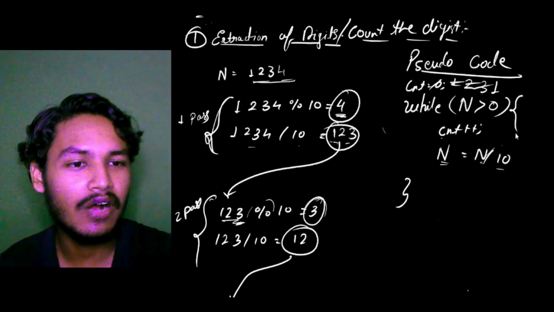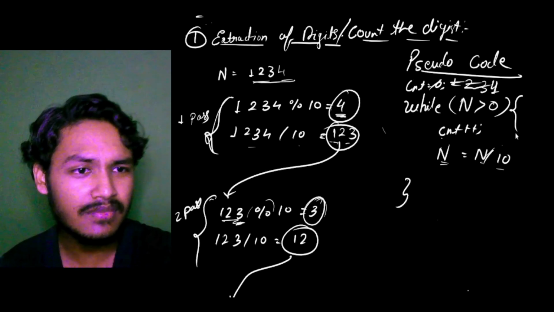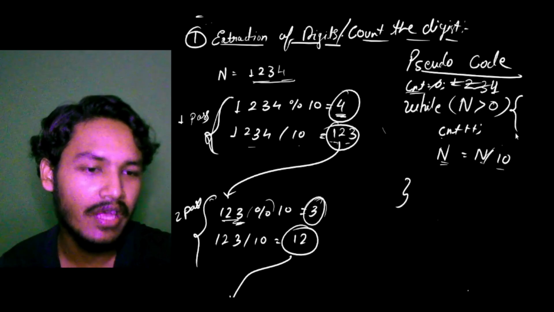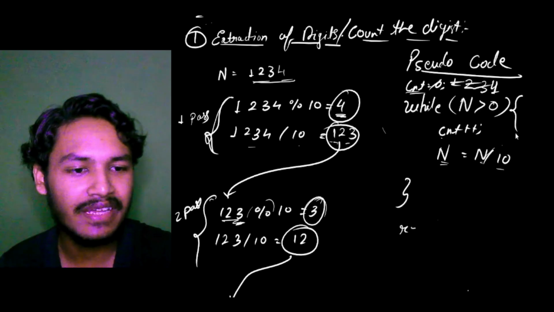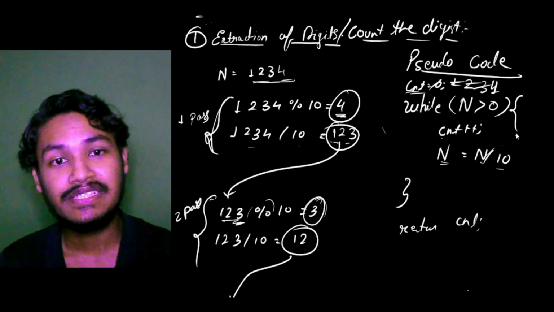We have the count of digits, which will be 4, in this count variable, so if you have to return it, you can return this count variable. All right, so this is the pseudocode for this.